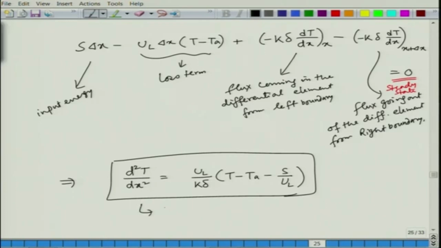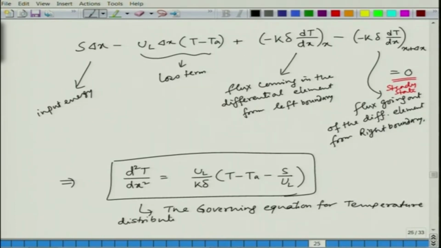So, this is the governing equation for temperature distribution as a function of x, in the x direction.